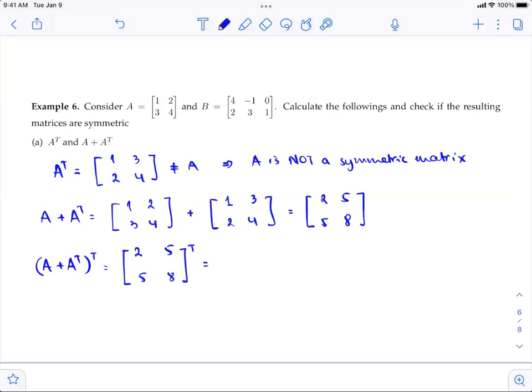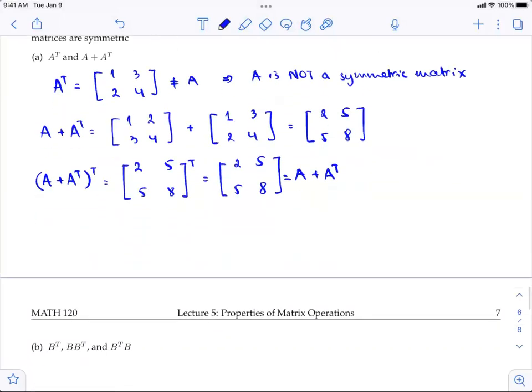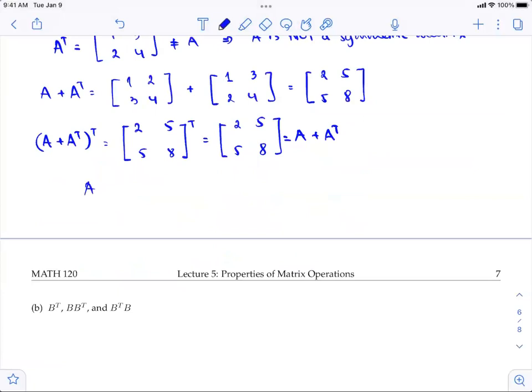Right, so let me do it a little bit more formally. Take the transpose of this matrix, of course, you get the same thing, and this is equal to A plus A transpose. So therefore, you conclude that A plus A transpose is a symmetric matrix.